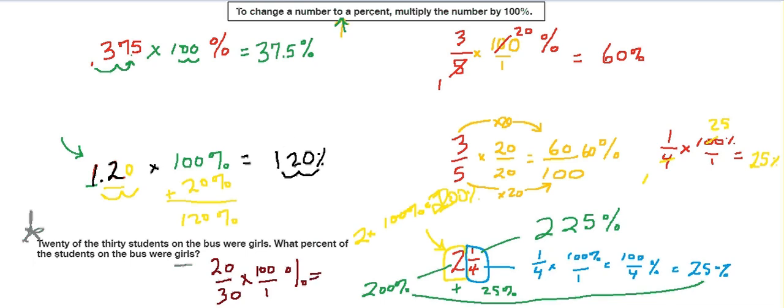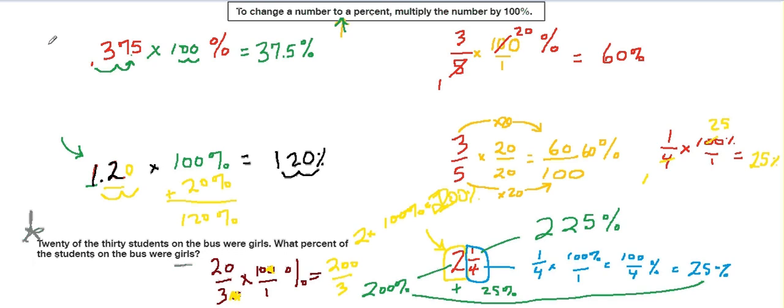Can we cancel before we go too far? This way we can take off 10. Now it's 200 over 3. Did something wrong here, because 200 over 3 is not right.